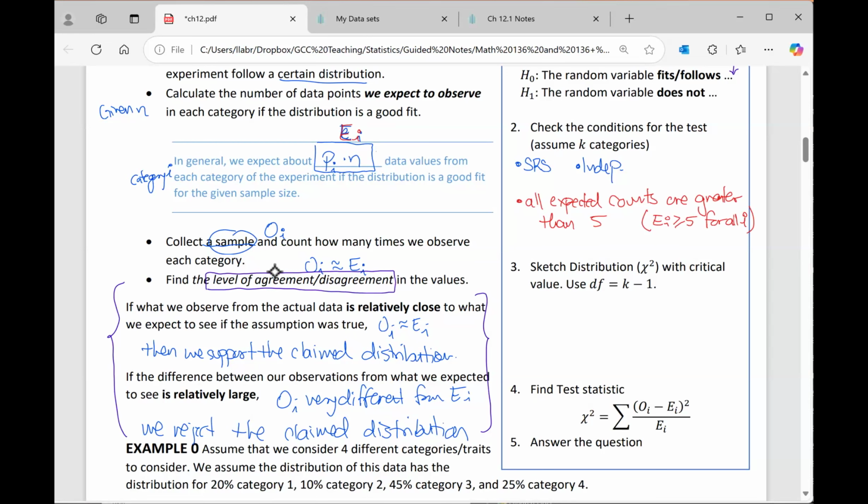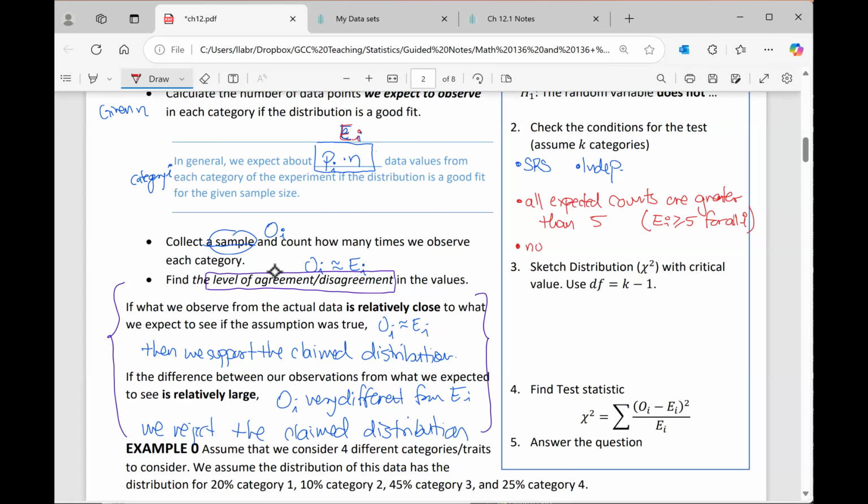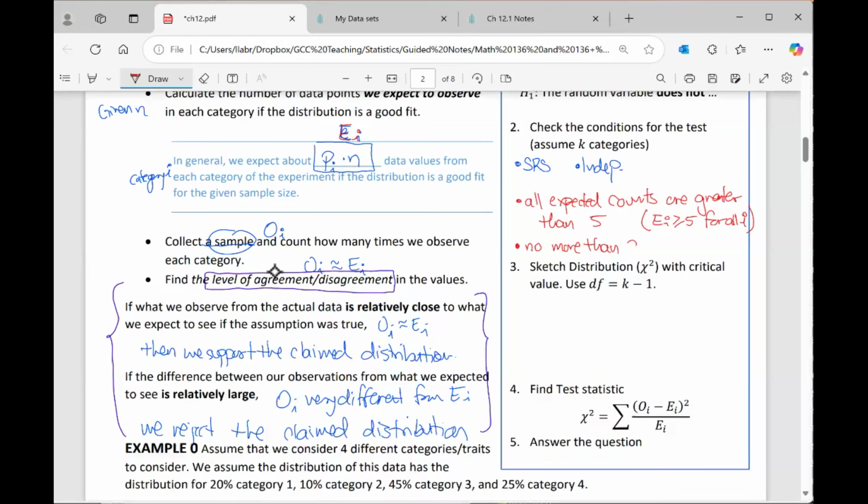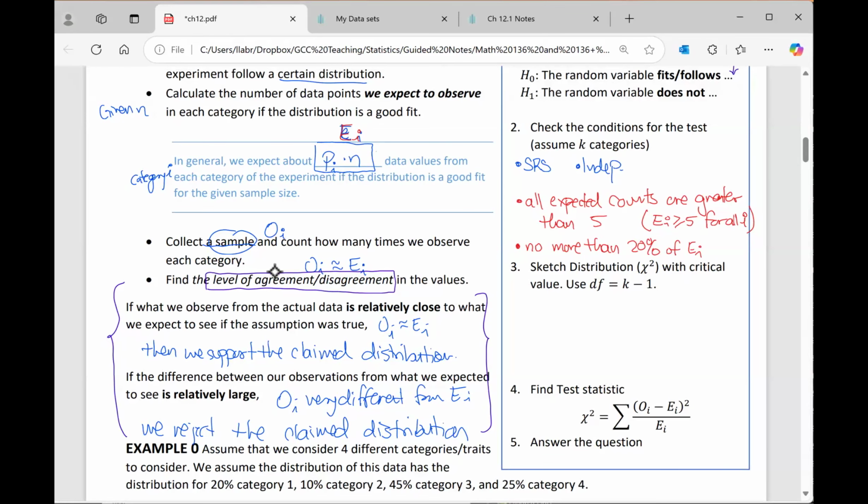Okay, so this again has to do with requirements that are known to ensure that this is a proper test. Same thing with the last one, that no more than 20% of the expected counts are less than or equal to 1.